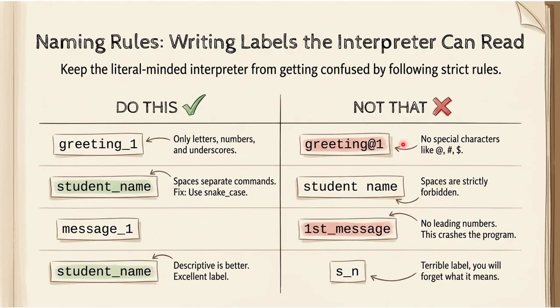What you don't have to do: you don't have to include any special characters like at the rate, hash, or dollar symbols in variable naming. Make sure the variable name does not have any spaces in between. This is strictly forbidden.